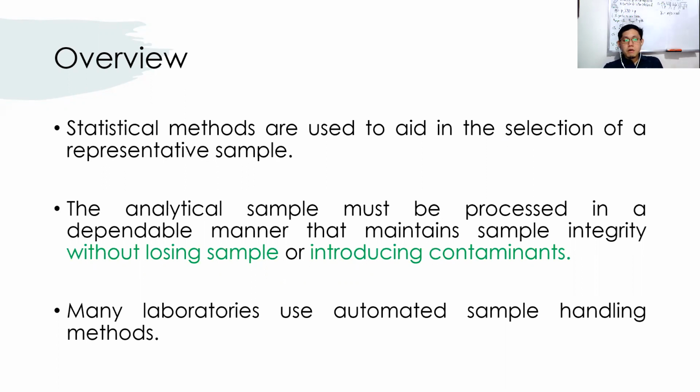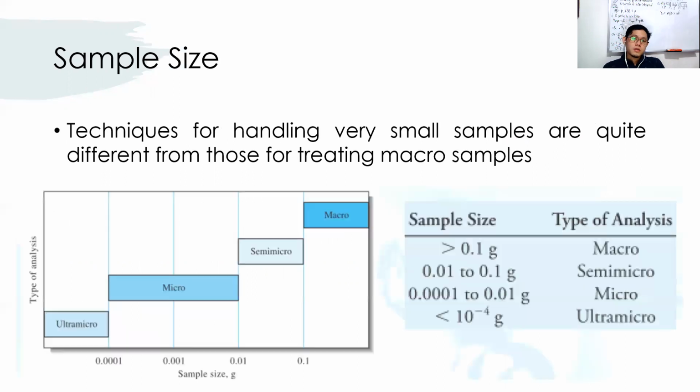So, hindi ka na mag-worry na mas konti yung sample na ma-dispense mo sa sample 1, sa replicate 2, sa replicate 3, kasi yun nga, as I will discuss later on, meron kang pagtaas ng error na ma-observe as your analyte concentration decreases and your sample amount decreases.